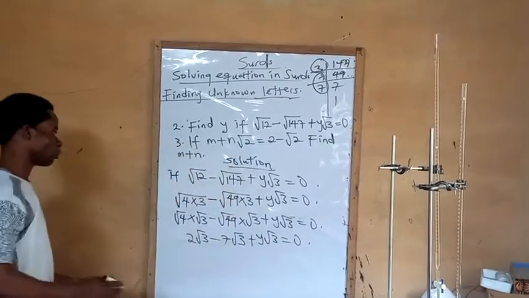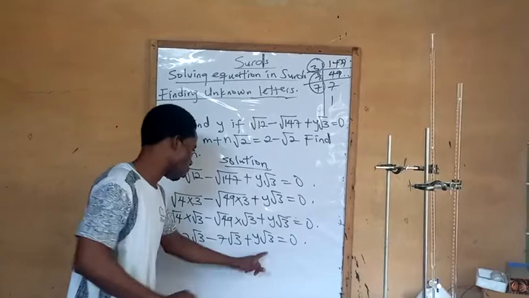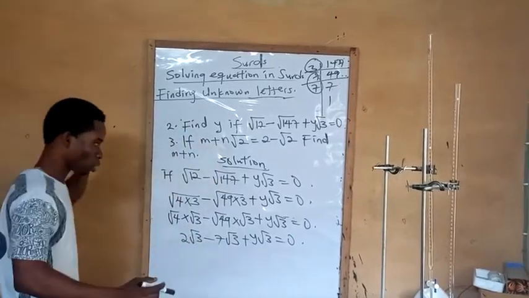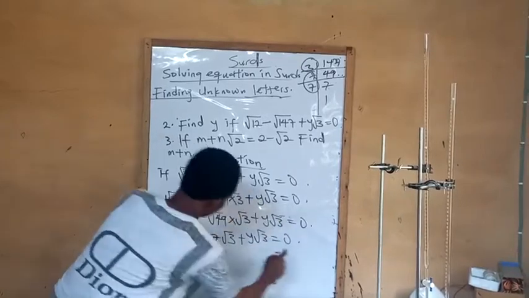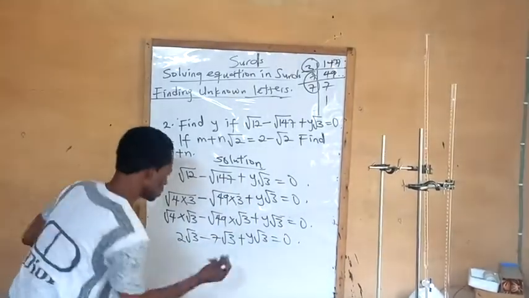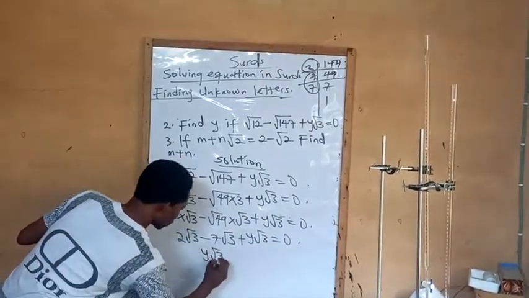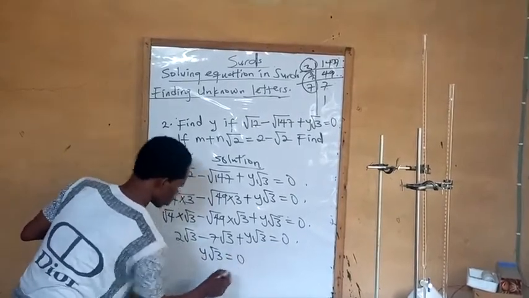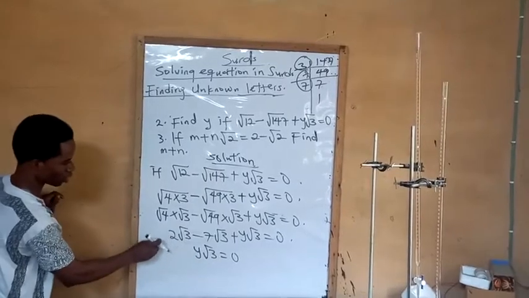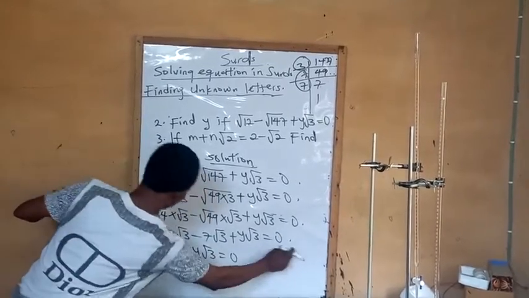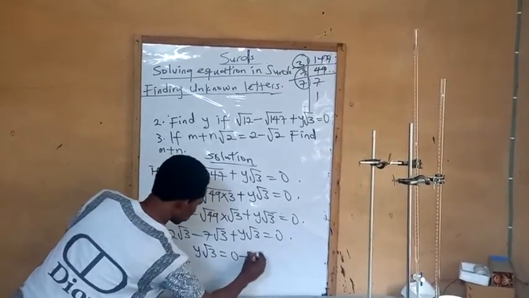But don't forget, I am actually looking for y. I'm looking for y. What do I do? Let me just bring this one here and bring this one here. So I will make this one to stay. That means y root 3 equals to 0. So when I bring this one here, it becomes minus 2 root 3 when I take it to join the equals.